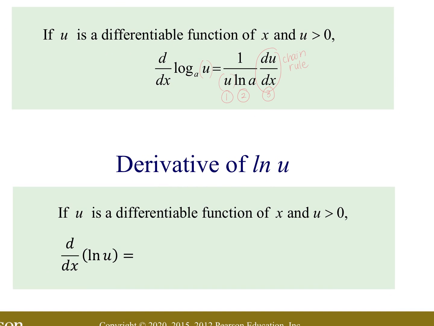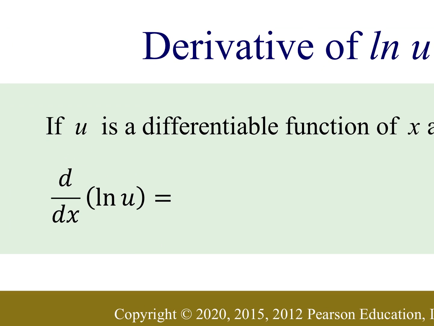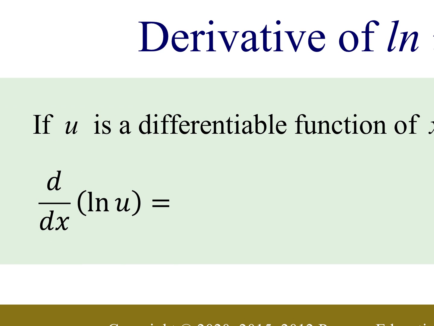So let's apply that to ln u. Ln u should have a derivative that's 1 over, and then the 3 separate parts. If we're working on ln u, the first part would be u itself. The second part would be ln e, because the natural log is of the base e.